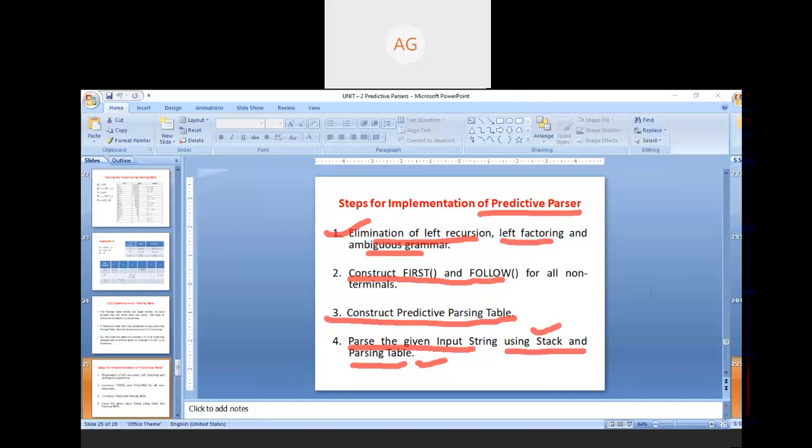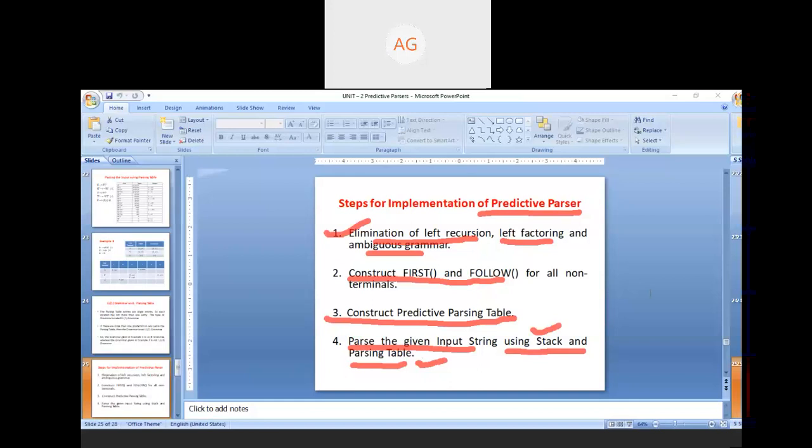Whenever a grammar is given to you, first check whether the grammar consists of left recursion, left factoring, or ambiguity. If the grammar consists of these, then you need to first eliminate the left recursion, left factoring, or ambiguity.